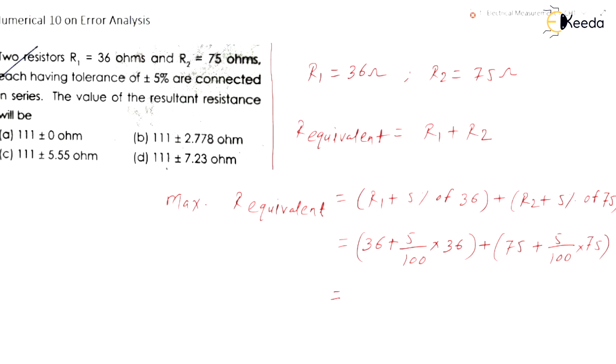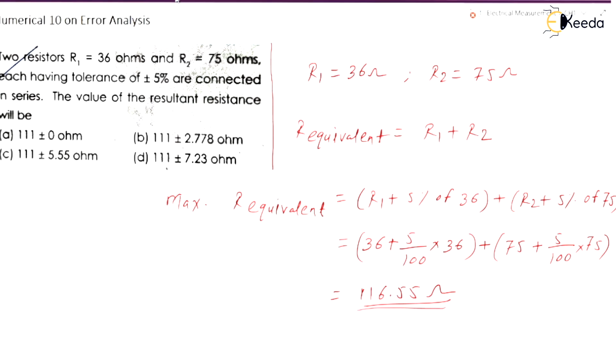Okay, so from this we can write it is equal to 36 plus 5 by 100 into 36, right, plus 75 plus 5 by 100 into 75. It is 116.55. Okay, so we can write it as 116.55 ohm. This is the maximum possible value.